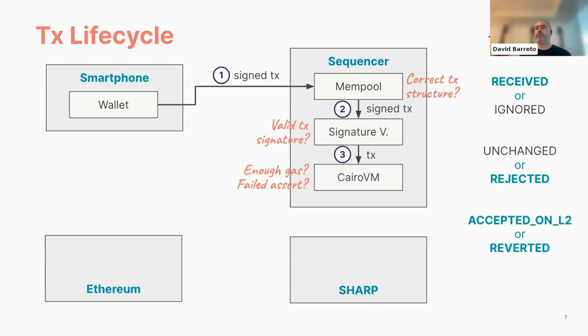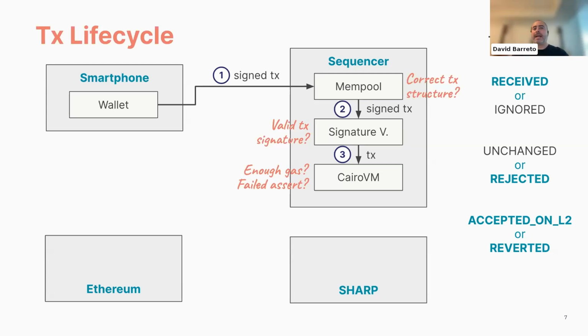So at this point, if the sequencer is able to successfully execute the transaction with the Cairo VM, it will get the status Accepted on L2. And that's what we call finality on layer 2, right? Because at that point, Starknet will know what the new state of the network is going to be as a result of executing your transaction.